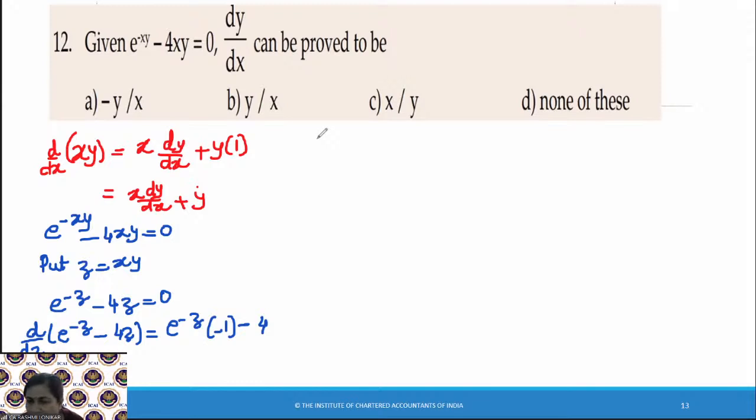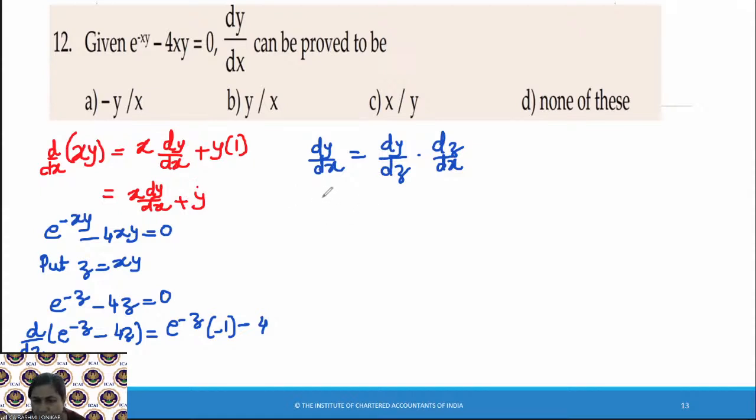So I have, so what will I get? dy by dx equals dy by dz. Substituting, I will be getting the answer. So this becomes what? I have d by dx as this much.